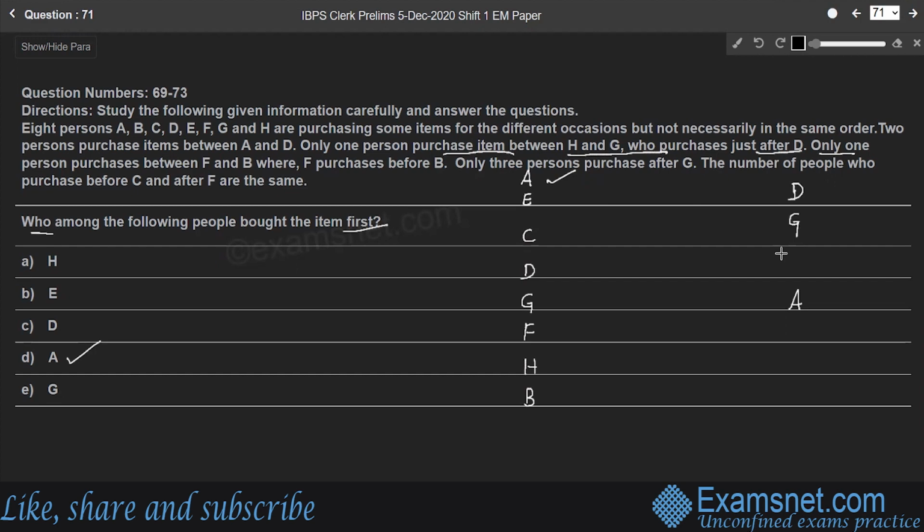And also only 3 persons purchase after G. So if position of D is first, there will be more than 3 persons after G. So after G, there will be 6 persons. So this condition, only 3 persons purchase after G, will not get satisfied, right? Therefore, person A will be first, then D will be the 4th person. Therefore, who among the following people bought the item first? For this question, A is the right answer.